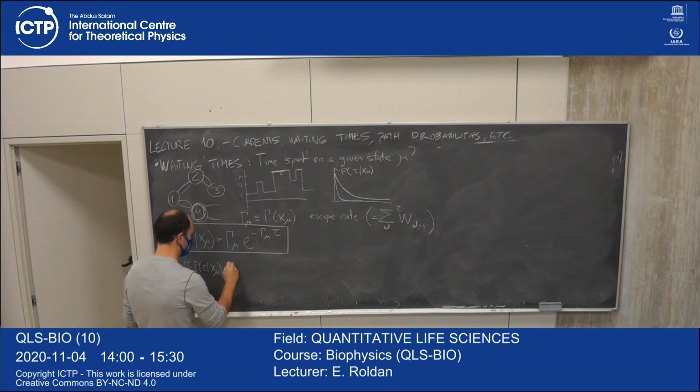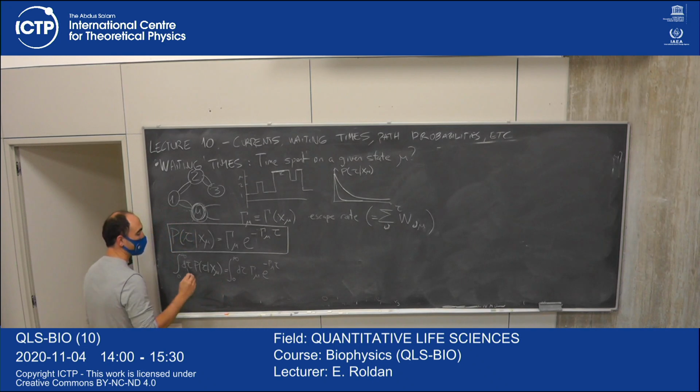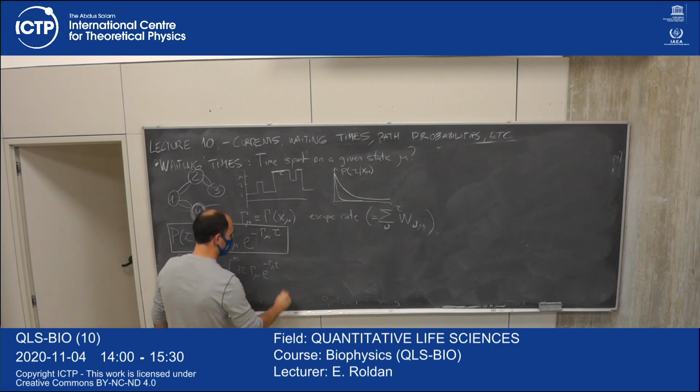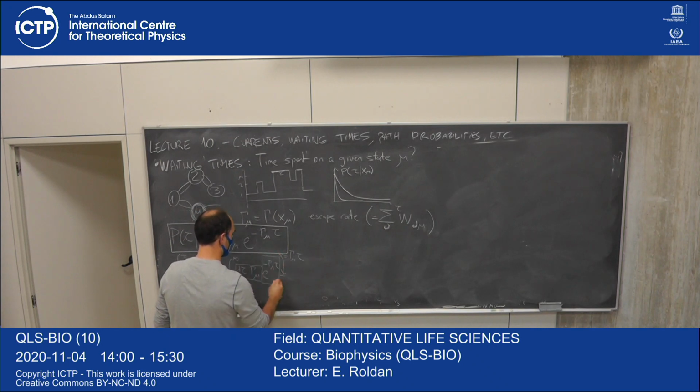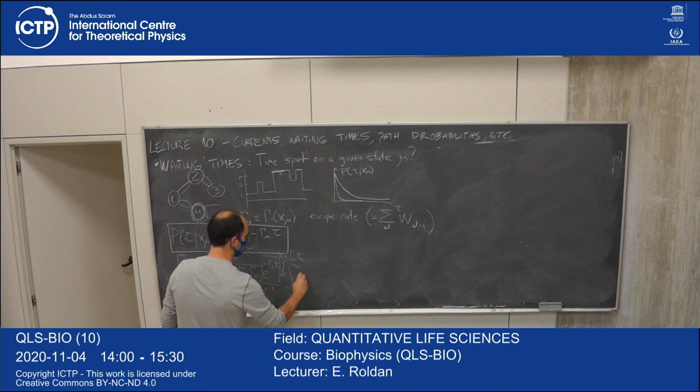Now I put this formula, and it's the integral from 0 to infinity of d tau gamma mu e to the minus gamma mu tau. This integral is trivial because you can do a change of variable, x equals gamma mu tau. So this is dx, and this is e to the minus x. So it's the integral from 0 to infinity of dx e to the minus x, which is 1.